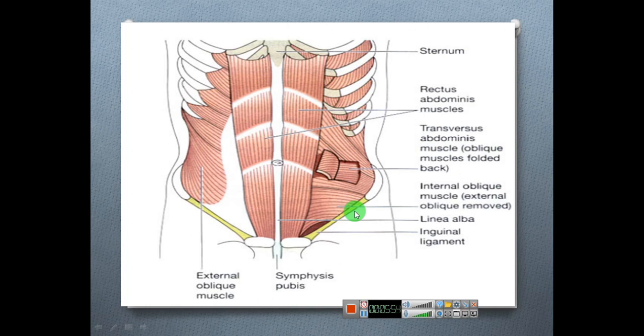At this weakened point, those parts go into the inguinal canal. We call it an inguinal hernia. It occurs more commonly in males than females.